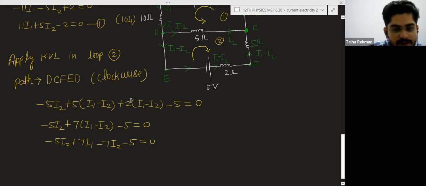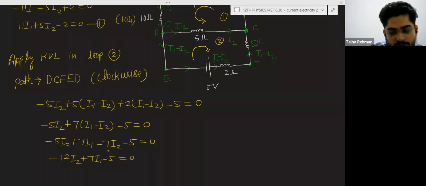So this is minus 5 I2 minus 7 I2, this will become minus 12 I2. This is plus 7 I1 minus 5 equal to 0. When you take minus common, you will get 7 I1 minus 12 I2 plus 5.